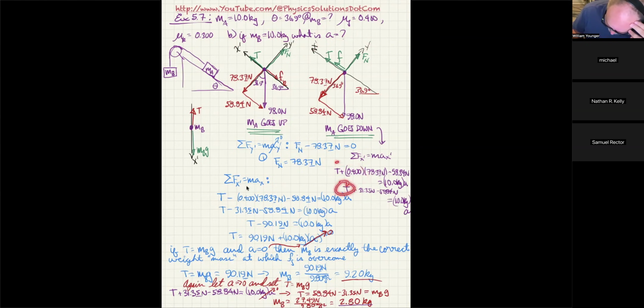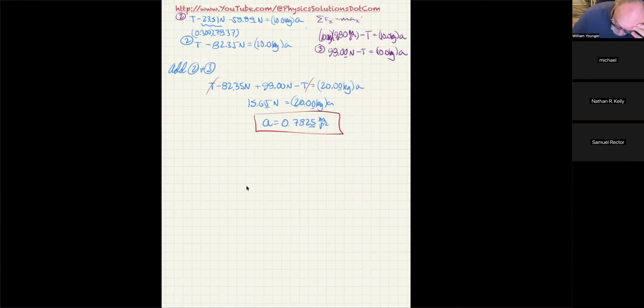The main thing is the fact that the T was positive. The minus was the 58.84 here, but the T was positive here and the T was positive here, and that's because of these diagrams. However, when I did this diagram, this direction is positive, so it would be mbg minus T, which is where I got mbg minus T there. Does that make sense, Nathan?